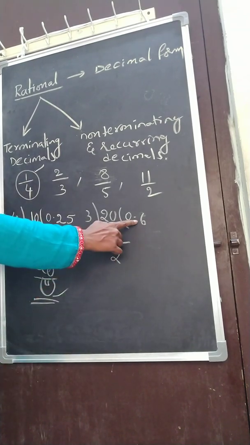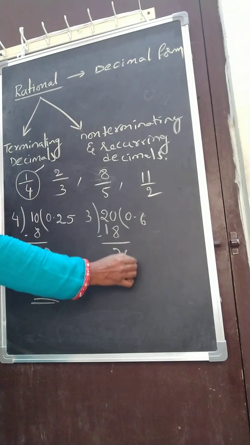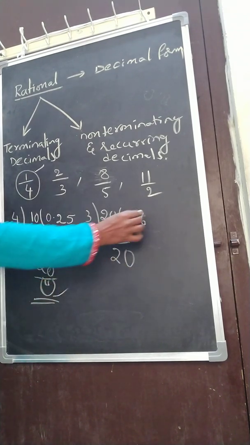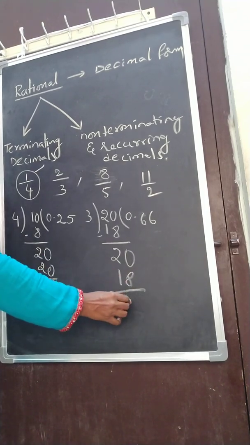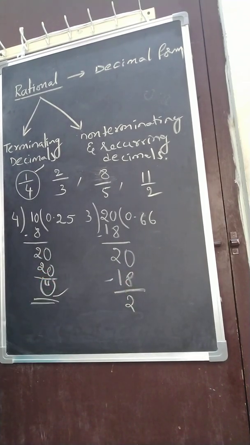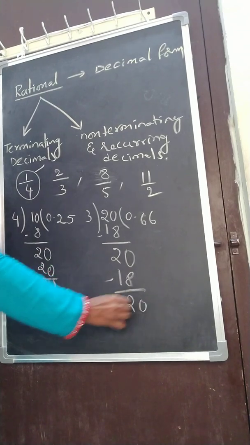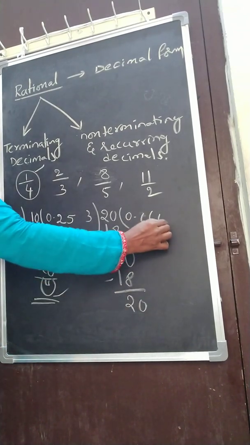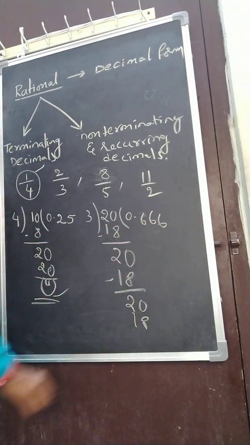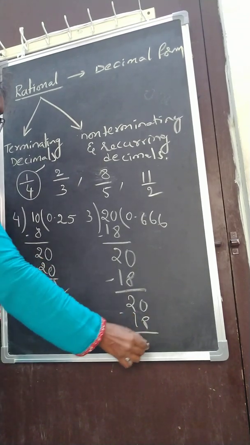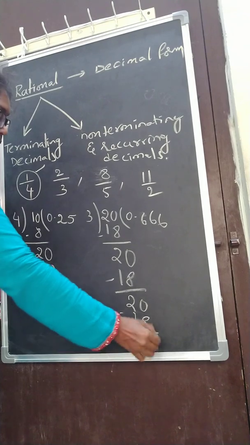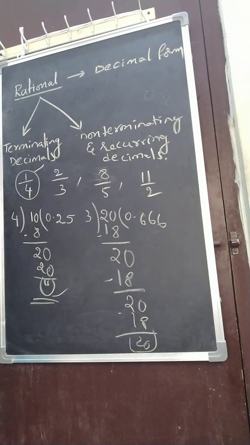Again the decimal point is there, so we take a 0, 20. Again 3 sixes are 18, and again 2 comes. So the division is continuously going on.